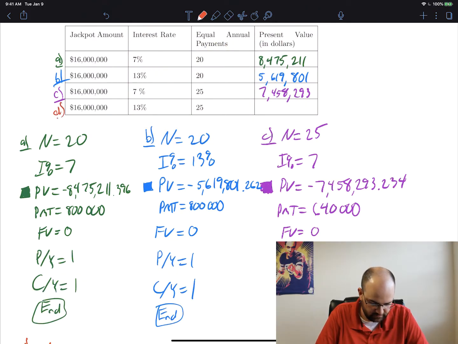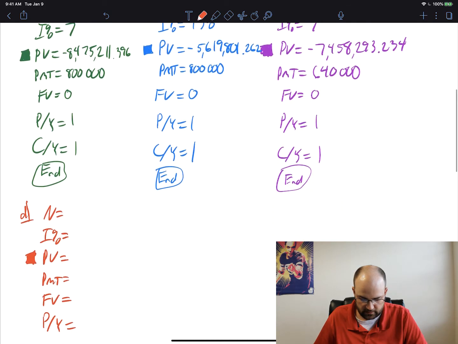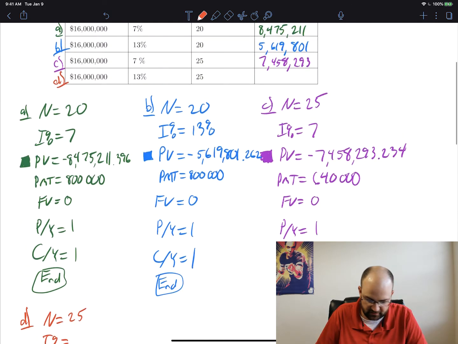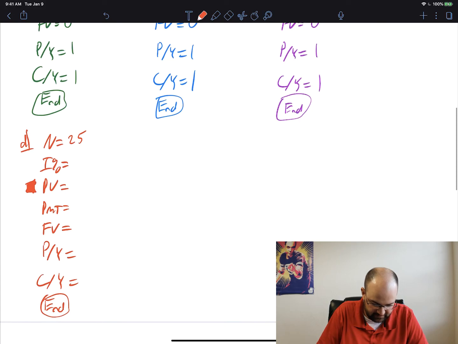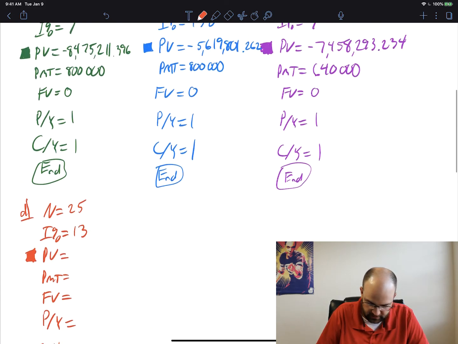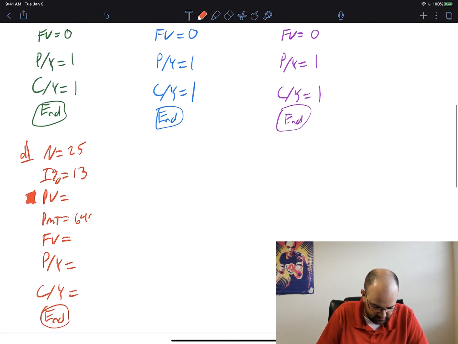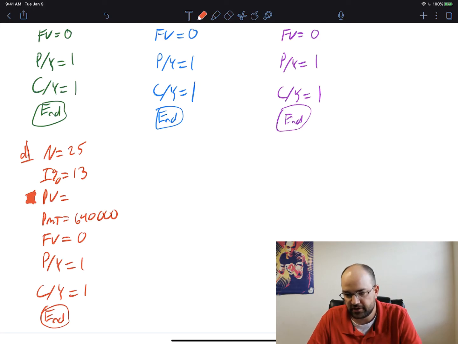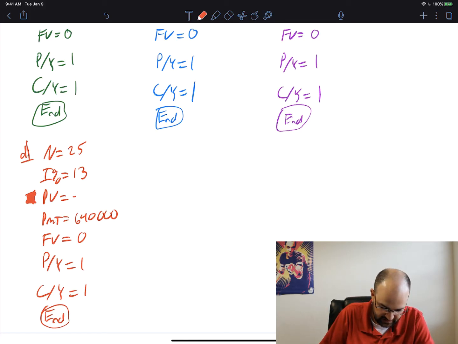As for the last one, same mostly. I% is 13 this time. PMT is 640,000. 0 for the future value, 1 and 1. So really, the only thing you need to change on the calculator is your I% to 13, and then do alpha enter for the present value, which will give us negative 4,691,190.386.